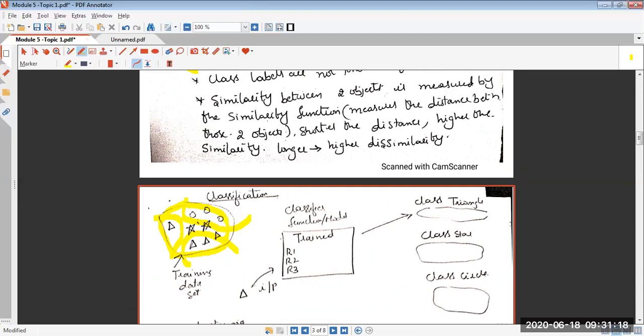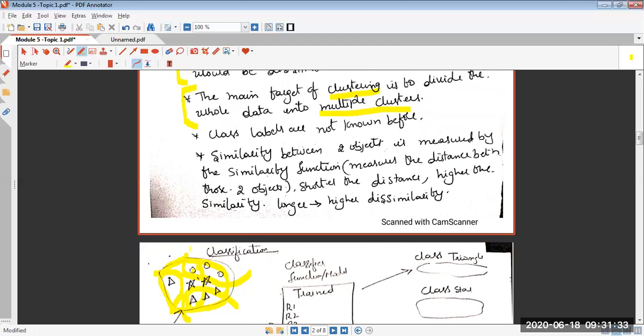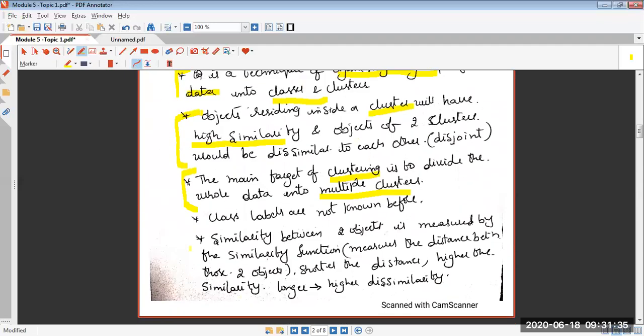You are doing it in such a way that data object in one group is more similar to one another compared to a data object that is there in a different group. Okay. That is what I was talking about, high similarity and higher dissimilarity in the previous discussion. Okay, this is our main objective in clustering.